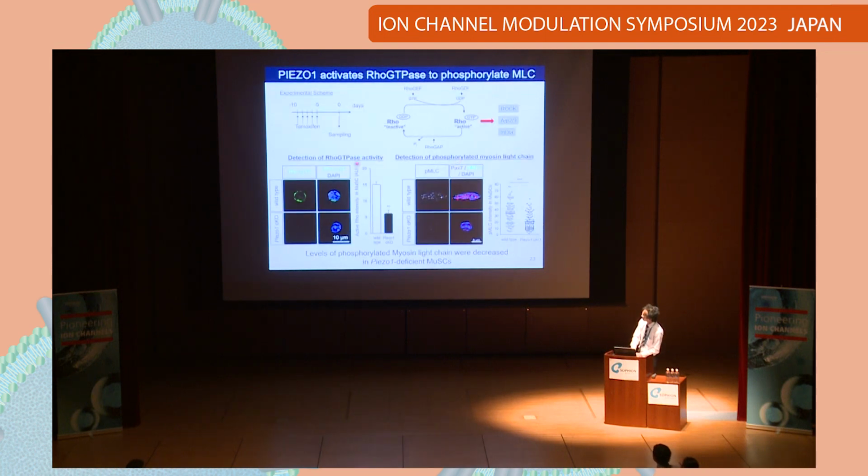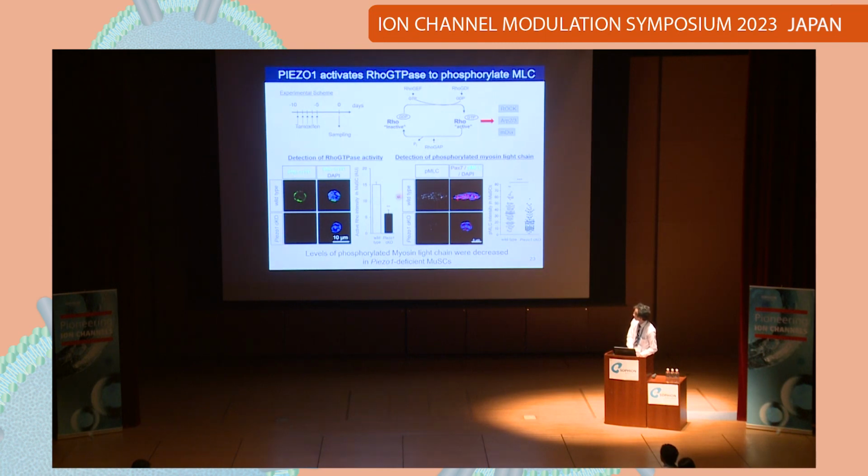We examined the status of RhoA using rhotekin, which can detect an active form of RhoA. We found that the active form of RhoA was clearly decreased in Piezo1 CKO.